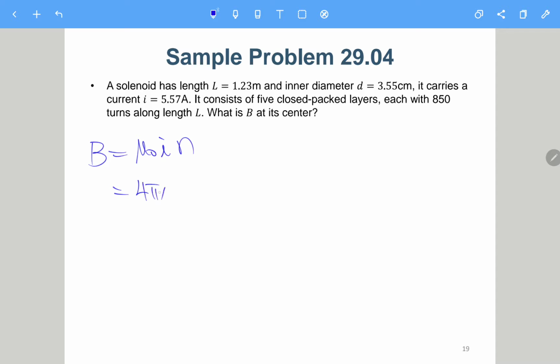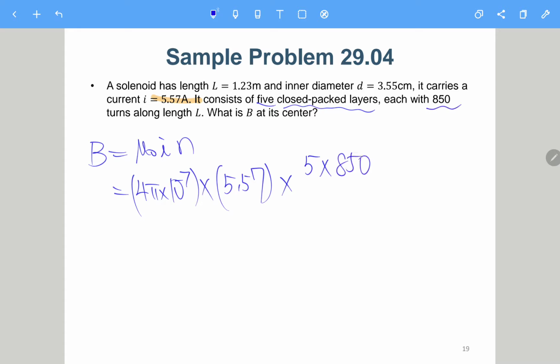So mu 0 is nothing but 4 pi times 10 to the minus 7, and then I is this one, which is 5.57, and then times small n we should consider we totally have 5 packs, so we have 5 multiplied by 850 turns along the total length, so we need to divide it by the total length, which is 1.23 meter, because it is around the length L, so we need to divide it by L to find the unit length.